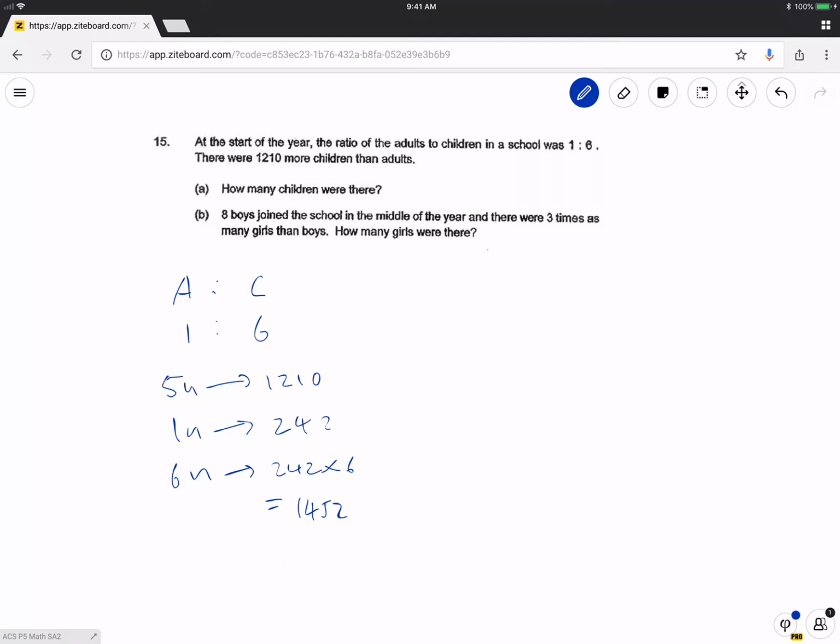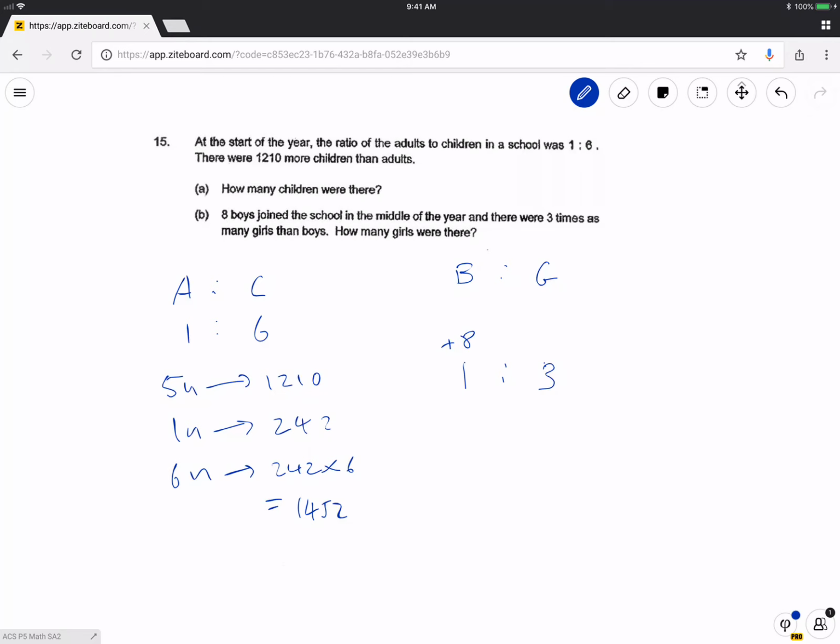Part B. 8 boys joined the school in the middle of the year and there were 3 times as many girls as boys. Okay, so this is the before and after, a single change. Wait a minute. 8 boys joined the school in the middle of the year. Now it's boys and girls. At first I do not know how many there were. So girls are 3 units, boys are 1 unit after 8 boys joined, so plus 8.